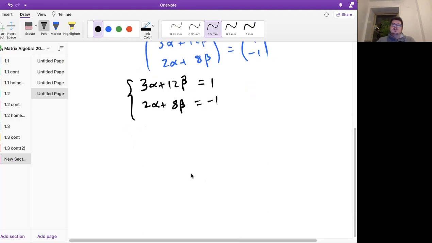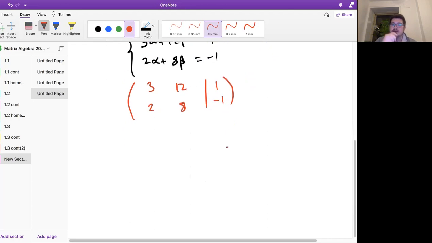Okay, so can someone say the augmented matrix? Yep, 3, 12, 1, and 2, 8, negative 1. Okay, all right, so let's do some row operations. What do you think is a good step to do?